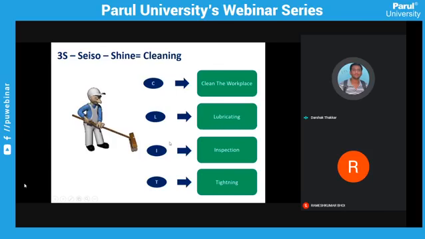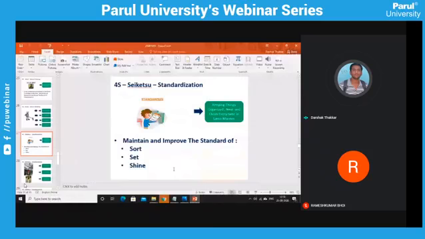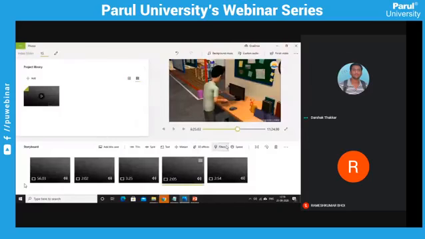Inspect your workplace, your machine or your work area on a regular basis so you can find out the abnormalities. Fourth one is tightening. Any loose point or loose bolt here or there, you have to tighten it so it will work in a proper manner, right? So before we go to the next phase, we can see one video.